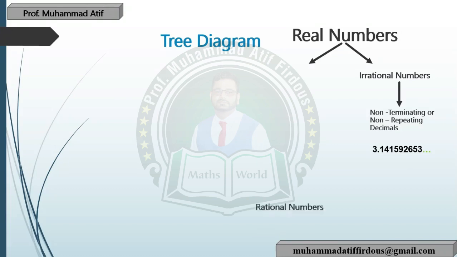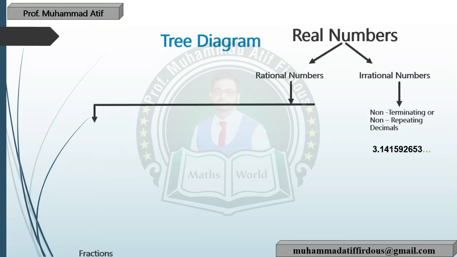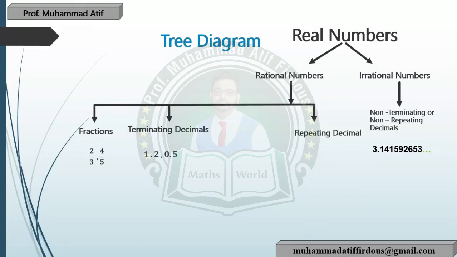And the second type is rational numbers. The four types of rational numbers are fractions, 2 over 3, 4 over 5. Second type is terminating decimal, 1.25. Third type is repeating decimal, for example 1.333. And the last type is integers.